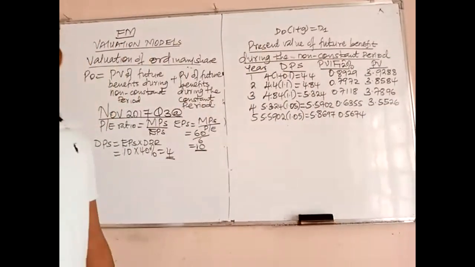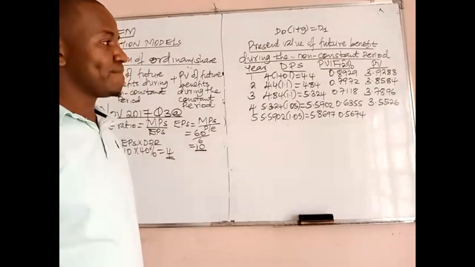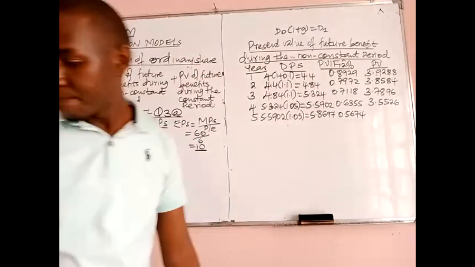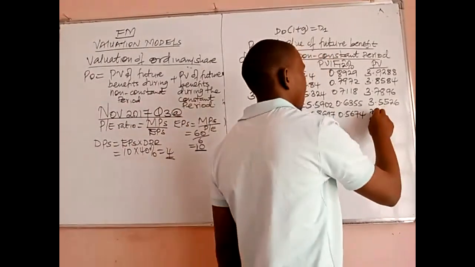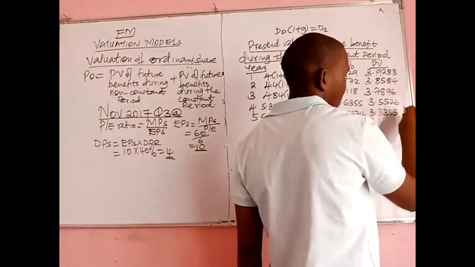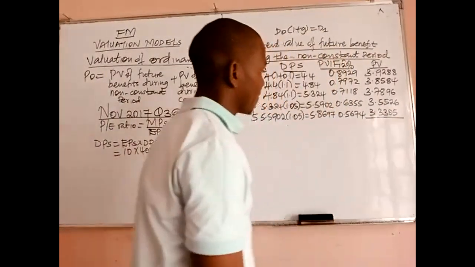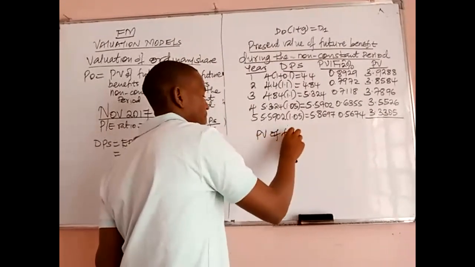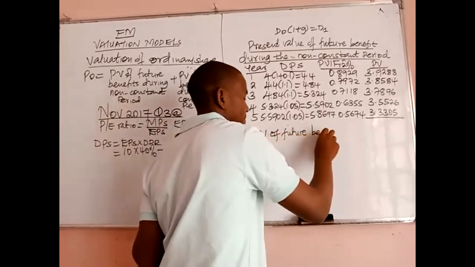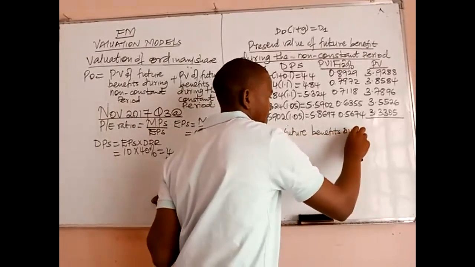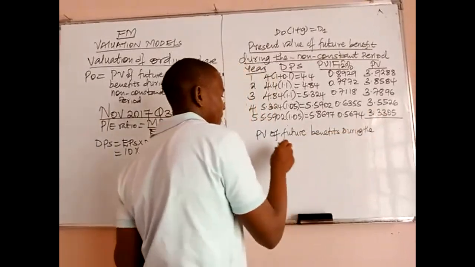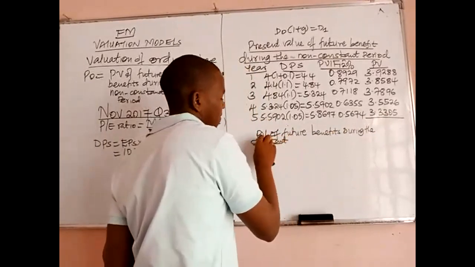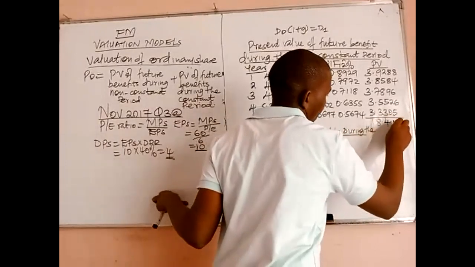And then the last one, 3.3052. So get it. The total is 18.459.